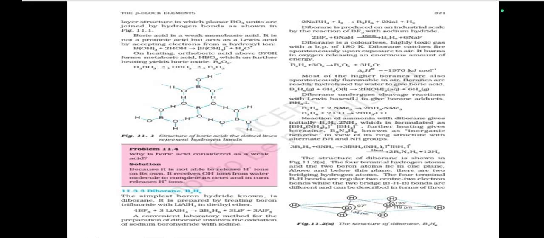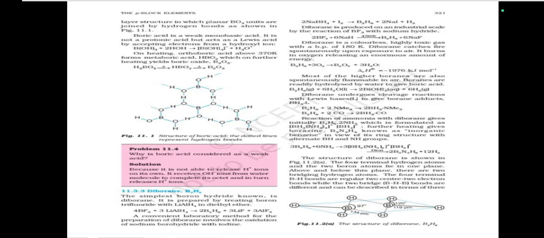Further heating gives borazine, B3N3H6, known as inorganic benzene, in view of its ring structure with alternate BH and NH groups. 3B2H6 + 6NH3 gives 3[BH2(NH3)2]+[BH4]-, which then gives 2B3N3H6 + 12H2.